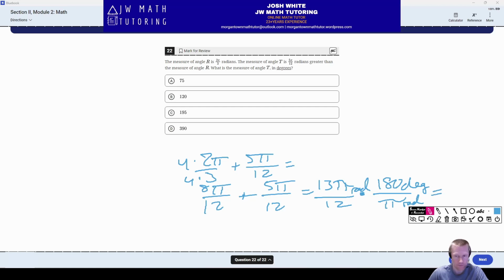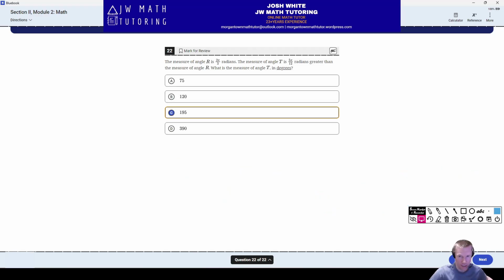The radians cancel out, pi cancels out. Technically 12 goes into 180 15 times, but you could just do this whole thing in Desmos. Then 13 times 15 is 195 degrees. The correct answer is letter C.